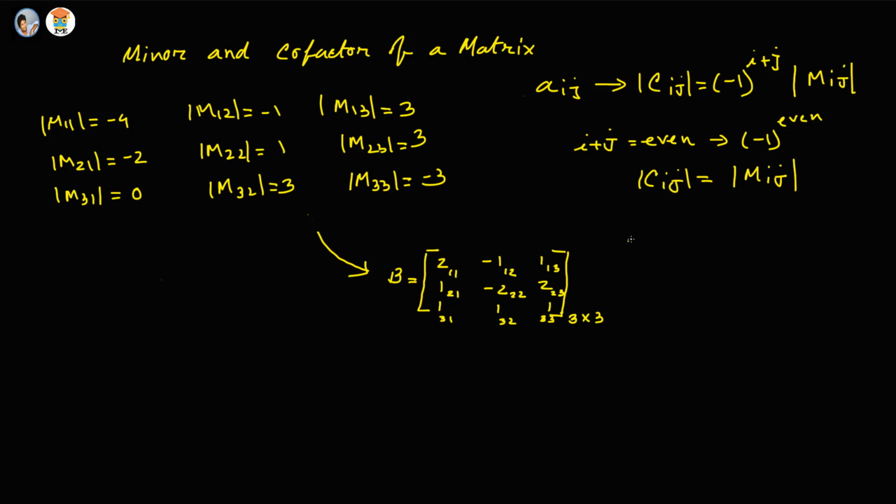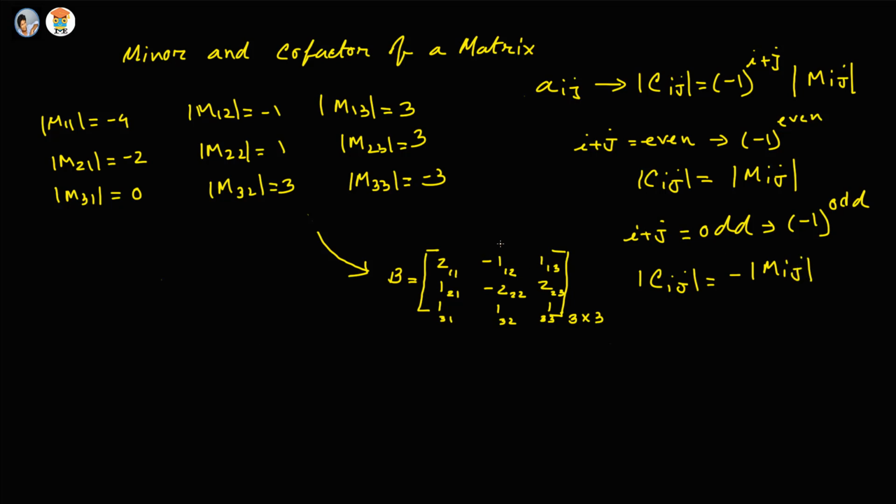Now, if i plus j is an odd number, then we have to multiply minus 1 an odd number of times, which means the cofactor for those elements will be equal to the negative of the minor.